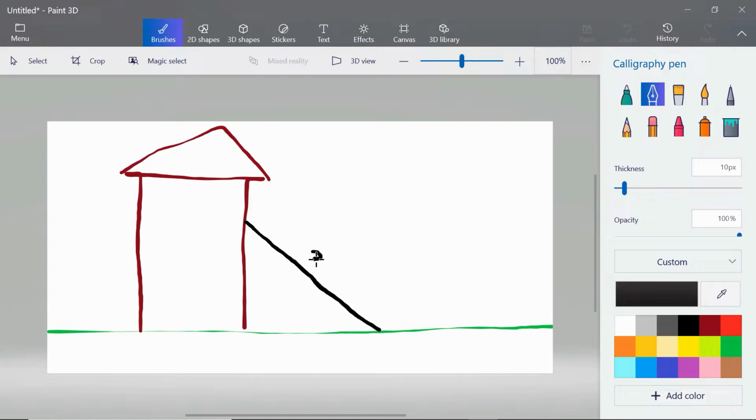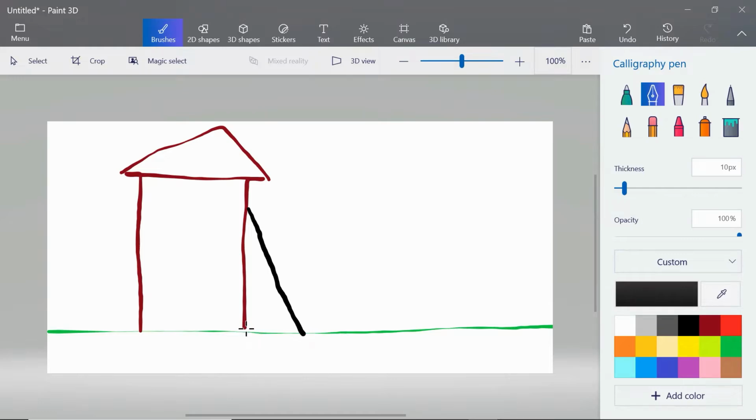We know the ladder is 30 feet long. Notice that from the base to the bottom of the ladder, probably that ladder might fall over. So let's do this.